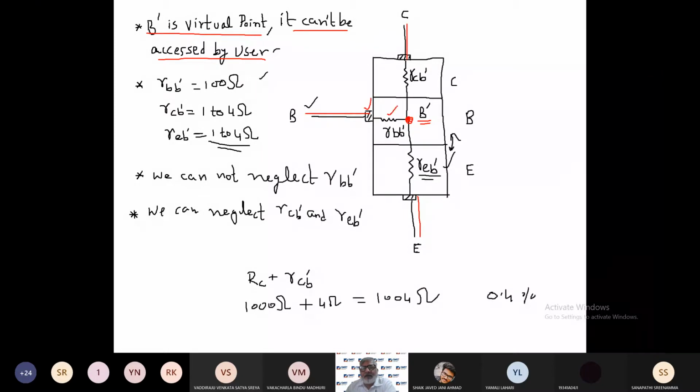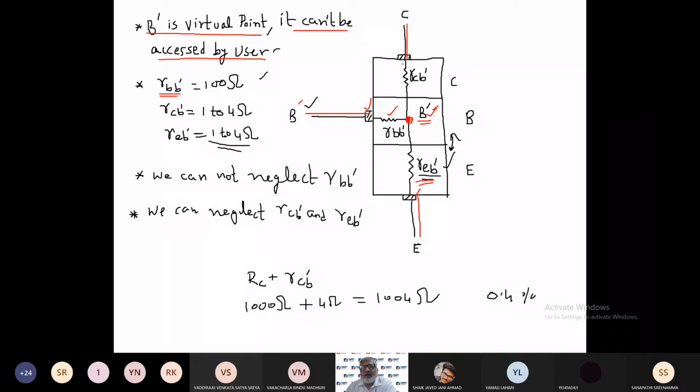You can find the resistance between B dash and B, and this resistance is represented as RBB dash, right? This is RBB dash, and there is a resistance between this virtual point B dash and this emitter. So this is REB dash between emitter and B dash virtual point.